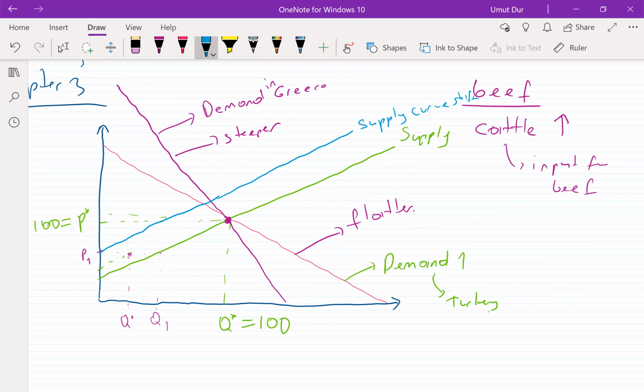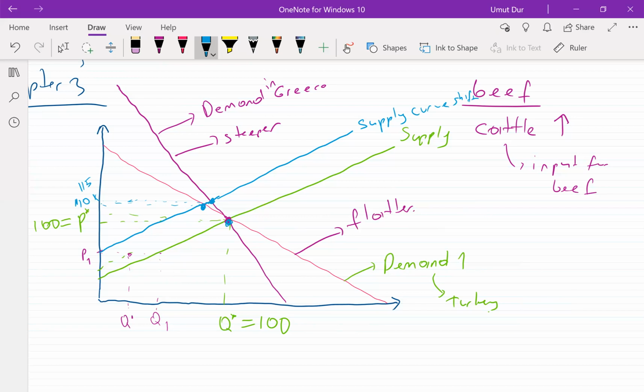Then what will be the equilibrium in Turkey? This will be the new equilibrium point. Let's say that this is 110, but the new equilibrium point in Greece has a higher price. This is 150.